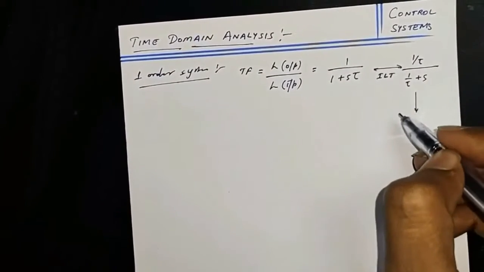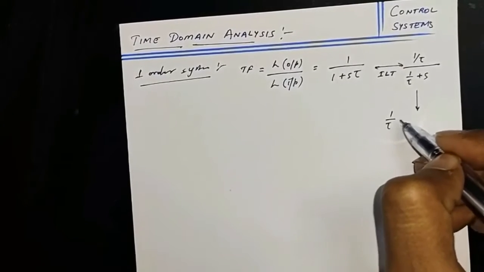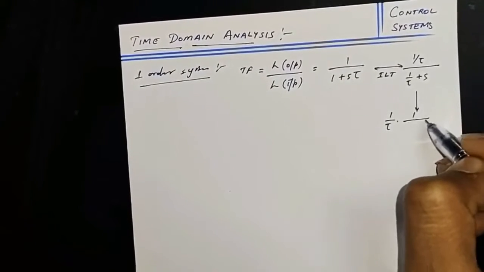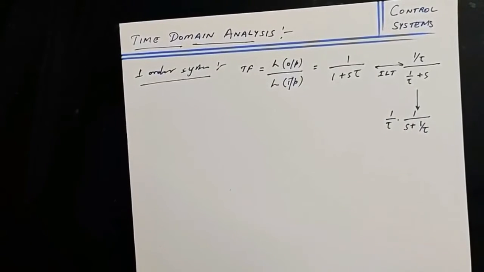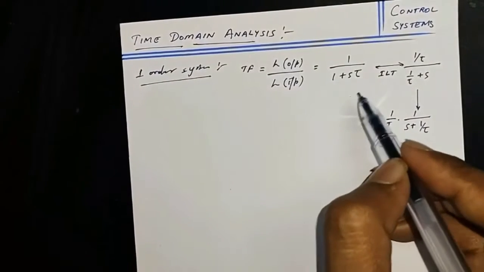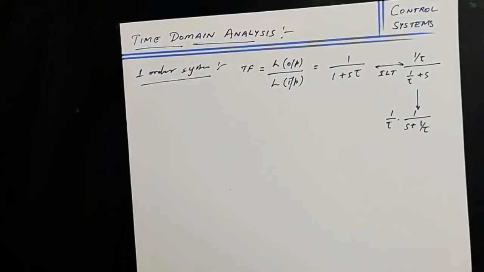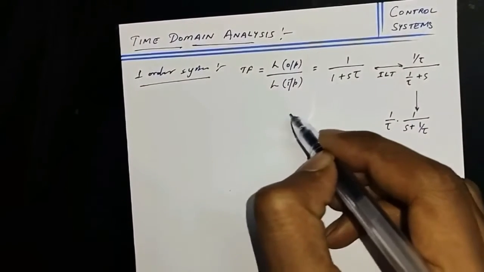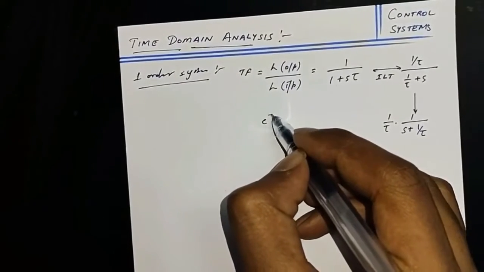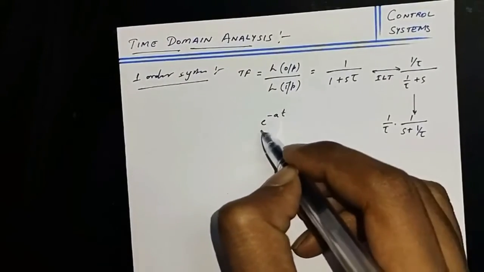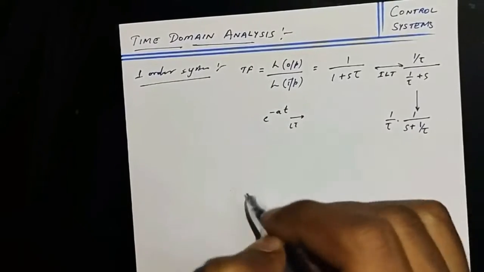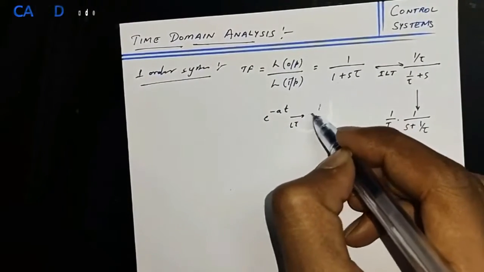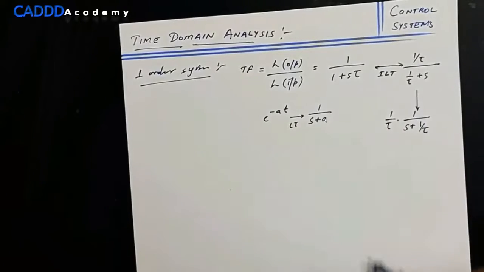I can rewrite this thing as 1 divided by tau into 1 by s plus 1 by tau. So tau is what? Time constant here. I'll tell you the definition of time constant also here. We know that Laplace transform of e to the power minus at is given as 1 divided by s plus a.